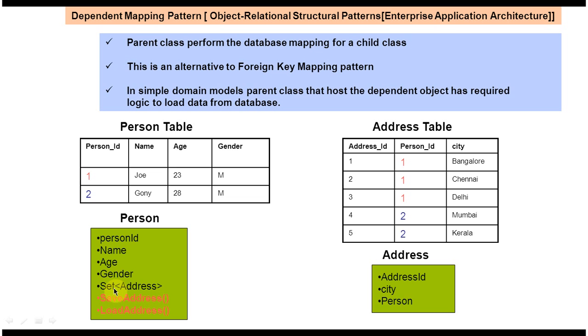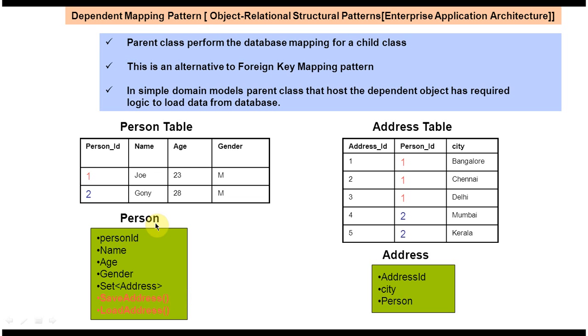So we are maintaining a set of addresses in the person class, and an address can have only one person, so we are maintaining the person object here. And as per this design pattern, the parent class performs the data mapping for a child class. So this is the parent class, this is the child class. This performs the database mapping for the child class. So this class will have a method to save the address information, say save address.